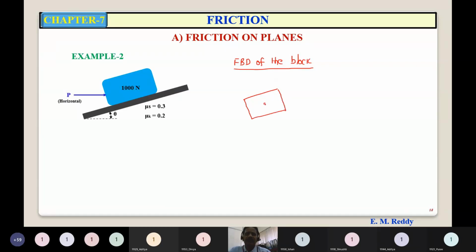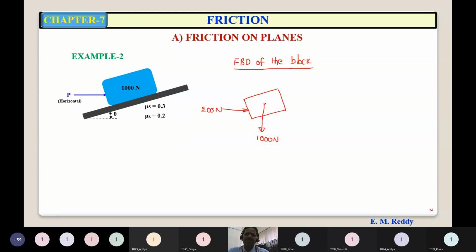Weight of the block, given as 1000 Newton, acts vertically downwards. Force P acts horizontally on the block, with magnitude 200 Newton.